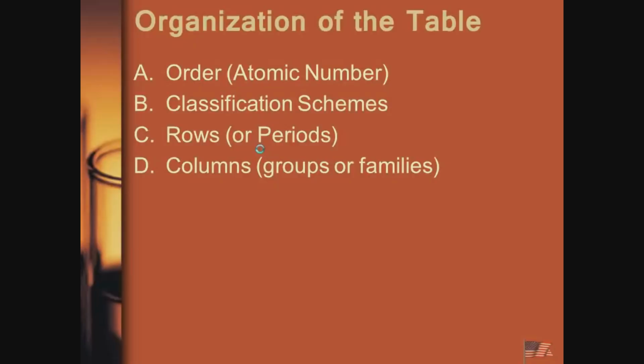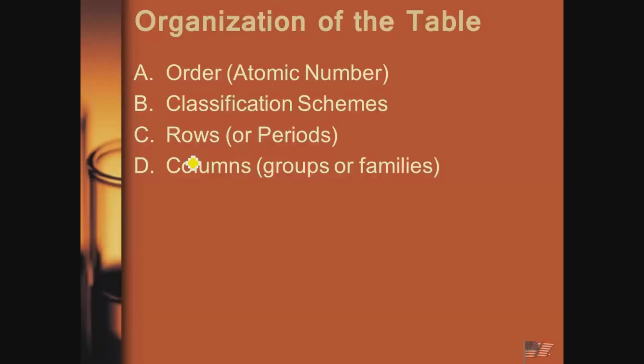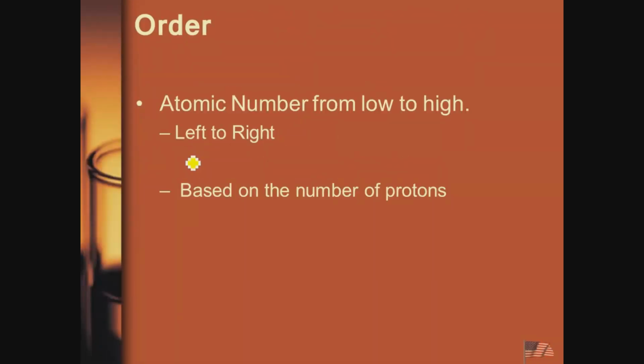This one's actually nice because if you look at the upper right corner, it has the number of electrons in each of the shells, so that'll come in handy. Of course, you have to have perfect vision to be able to read it, or a magnifying glass. So let's talk about how this thing is organized.